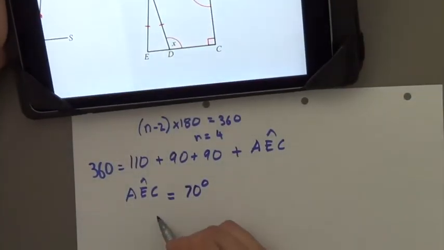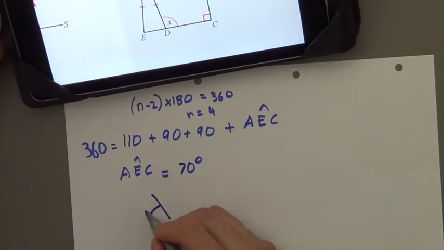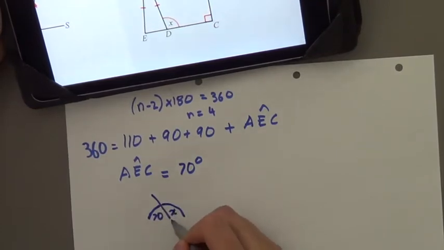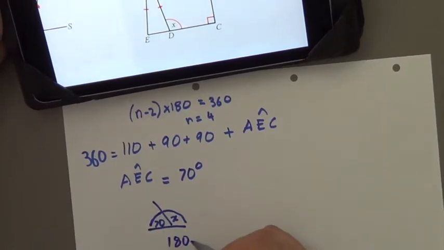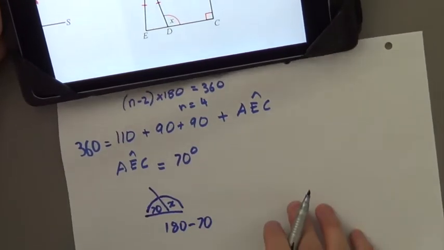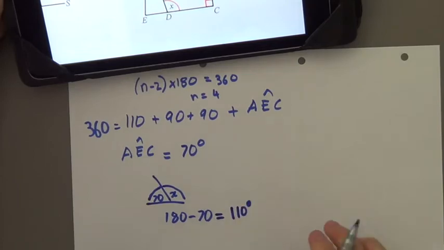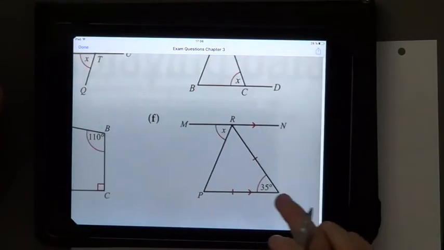So, if I do a blow-up version of what's in the question, we know that this is 70, and this angle X is what we want to work out. Simple rule, 180 minus 70 has to equal 110 degrees. So our answer is 110 for X.